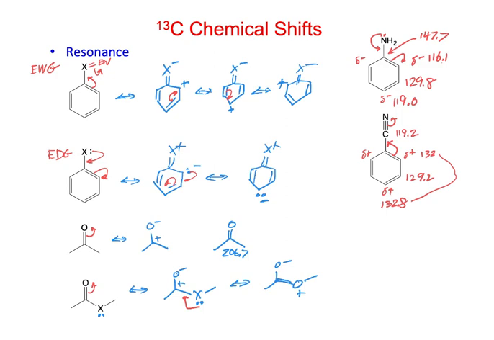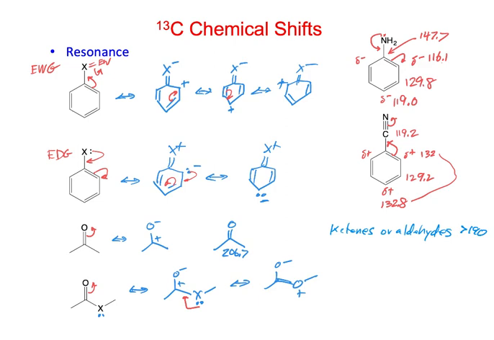So the way this shakes out, if we have ketones or aldehydes, then the chemical shifts are usually greater than 190.